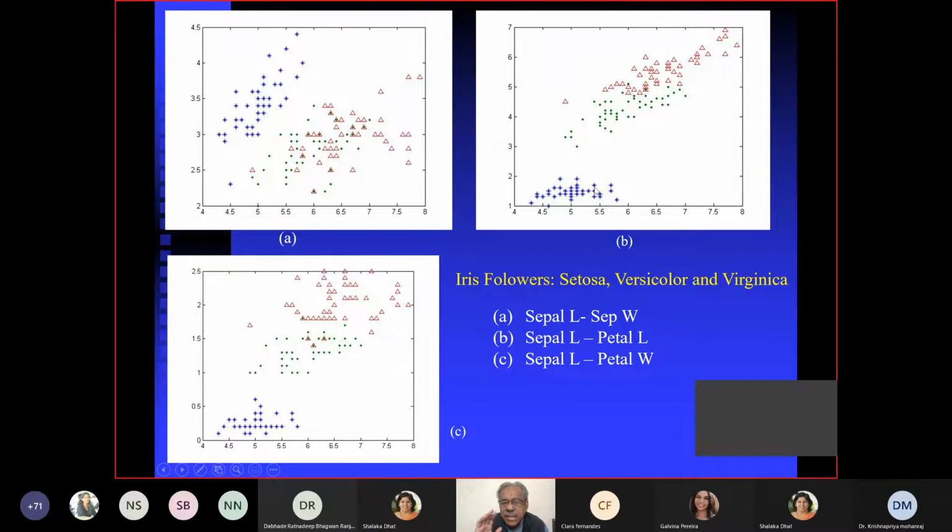That means our intuition says that you in no way need 4 features in order to segregate the 3 classes, the 3 flowers. Because for this flower, 1 feature is enough, for example, petal length less than or equal to 2. Similarly, here also 2 features are enough to segregate this.